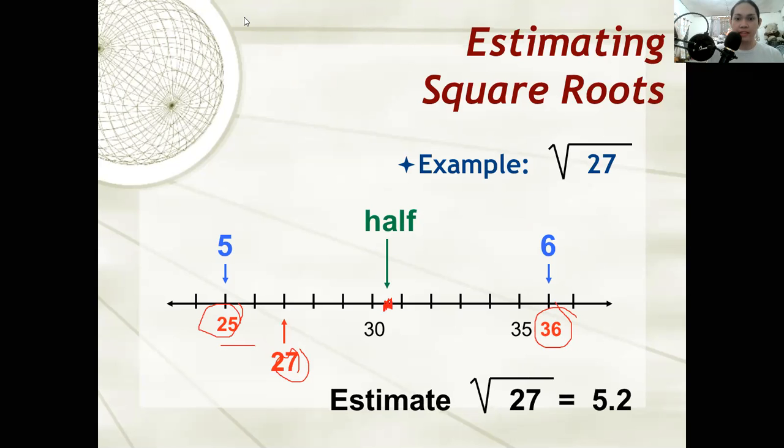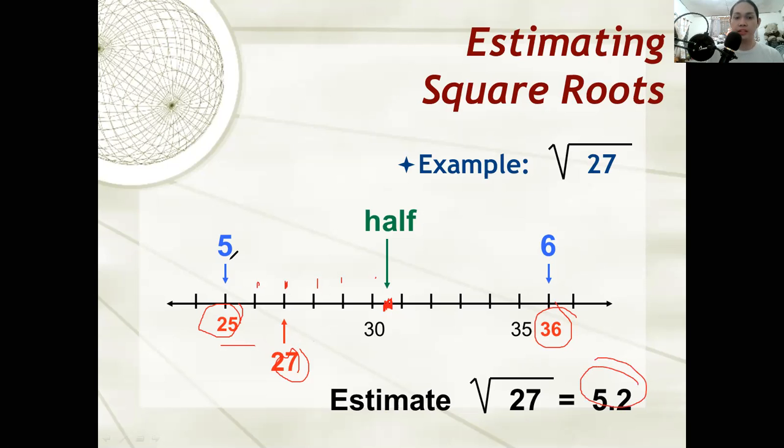Since the half is here, you just count point something from 5. So this is 5.1, and 27 is 5.2, 5.3, 5.4. This is 5.5 to 30, and then this one is 5.75 perhaps. Meaning to say, the square root of 27 is 5.2.